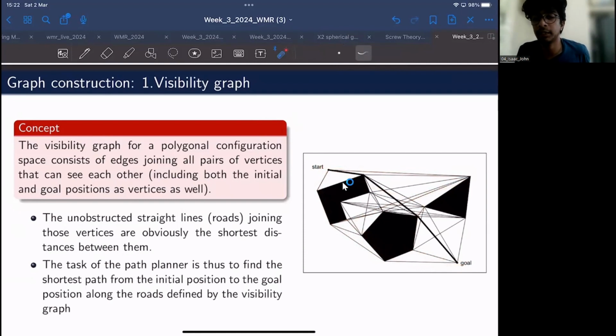That may not be the case all the time, but if our priority is to reach from the start position to the goal position such that it takes the shortest distance, then as you can see, a path through this is obviously the shortest distance, right? This path will be the shortest distance from the start position to the goal position.